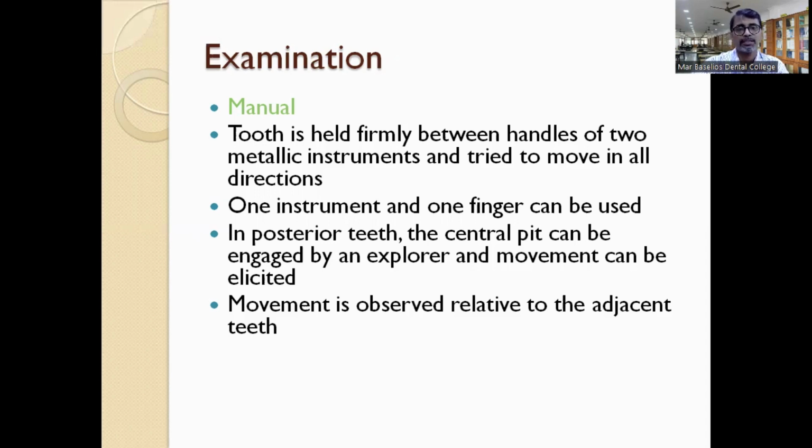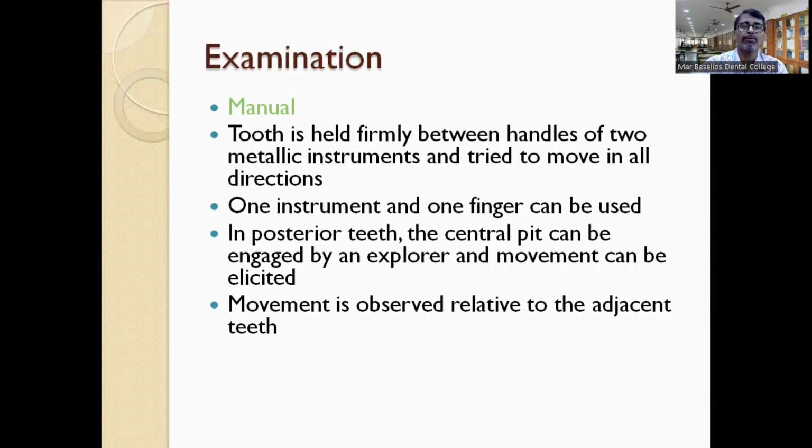Now, in the posterior teeth, especially the mandibular posteriors, it may sometimes be difficult to place two instruments. So, instead of using the handles of two instruments, you can engage a prominent pit in the occlusal surface with an explorer and try to move the tooth.